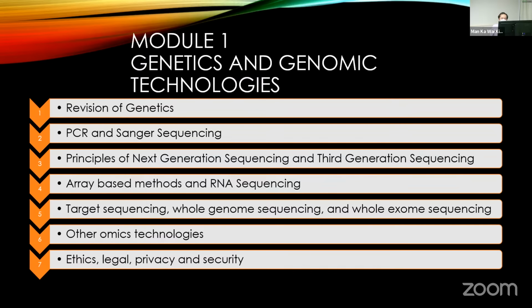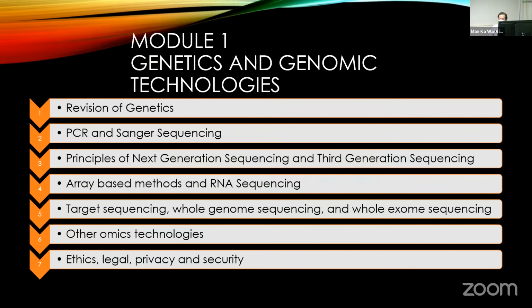And then the second part is PCR and Sanger sequencing, some commonly used traditional methods in clinical setting. So we not only cover the traditional PCR, but all PCR related methods, like real-time PCR and digital PCR. And next, we would focus on next generation sequencing and third generation sequencing.